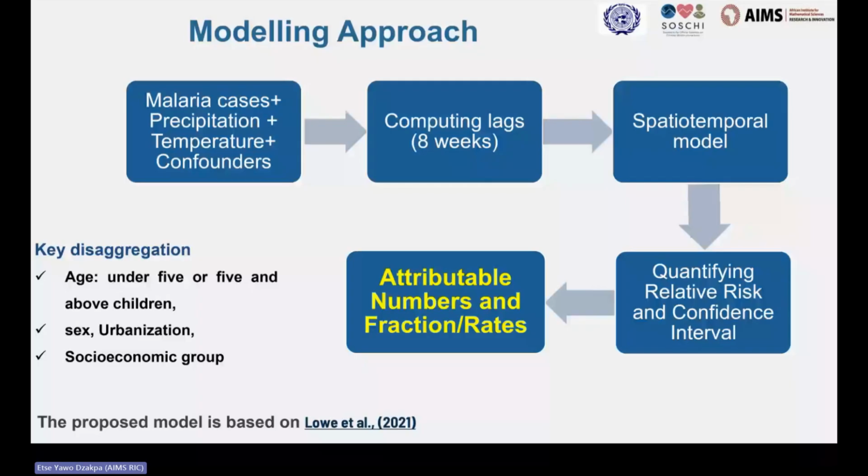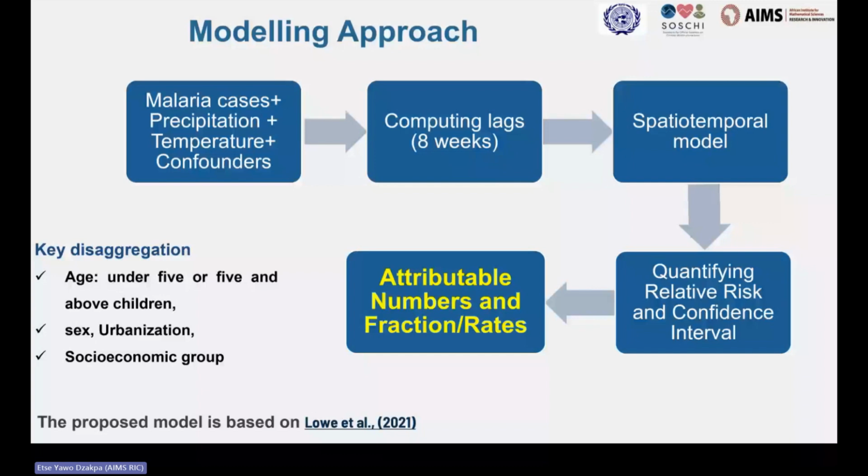And then based on the relative risk, we calculate the attributable number and the attributable fraction. The model also helps us disaggregate the data by considering, for example, under 5, above 5, male, female, and so on. So all those elements help us have a statistic for a specific group. If I want a statistic for the under 5 group, I'll have it. If I want a statistic for only male or female, I can also have it based on the approach that we proposed.